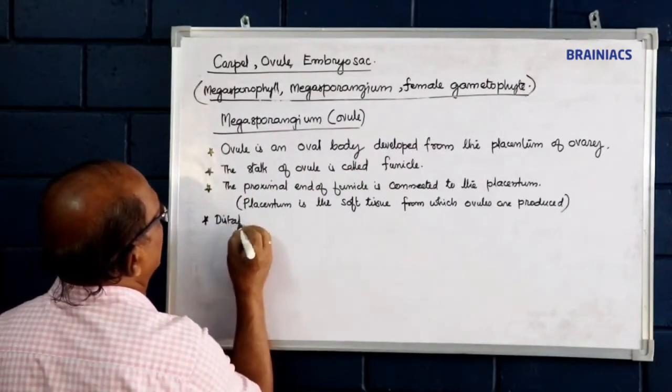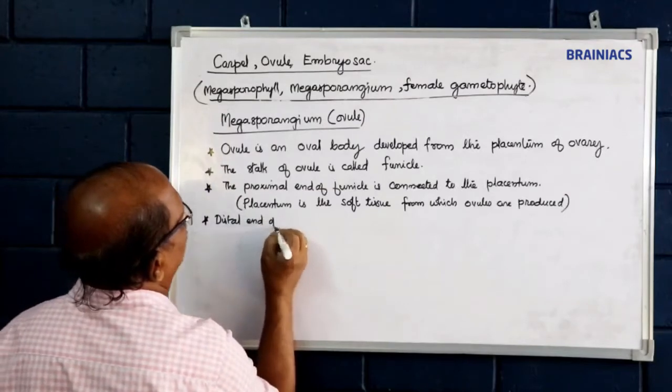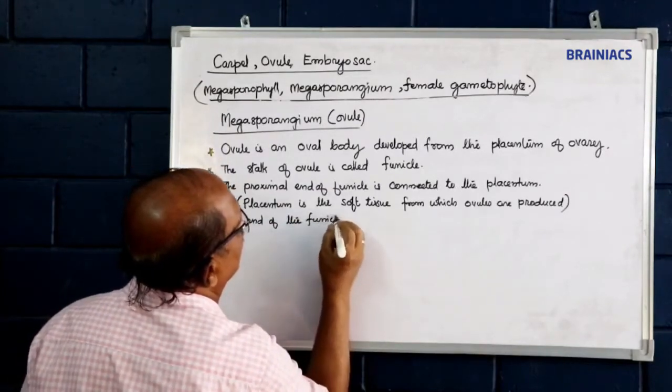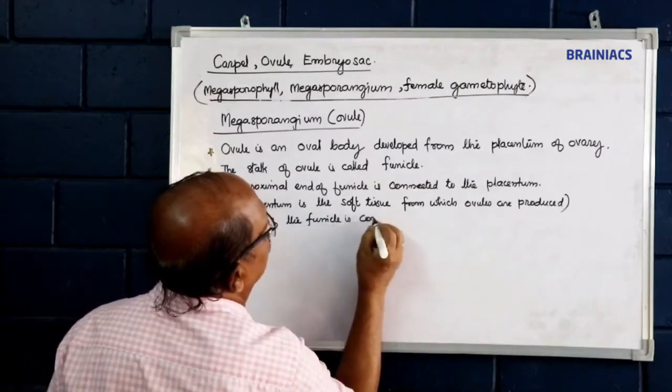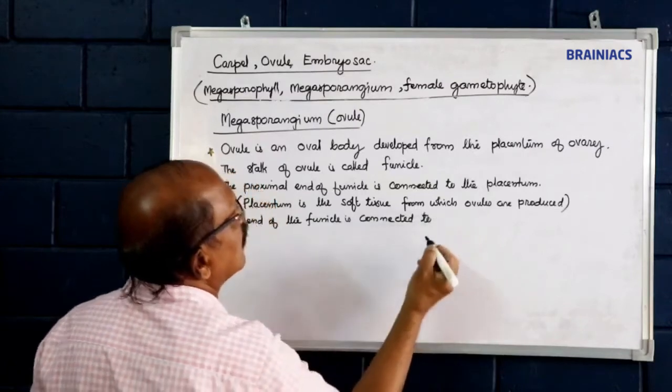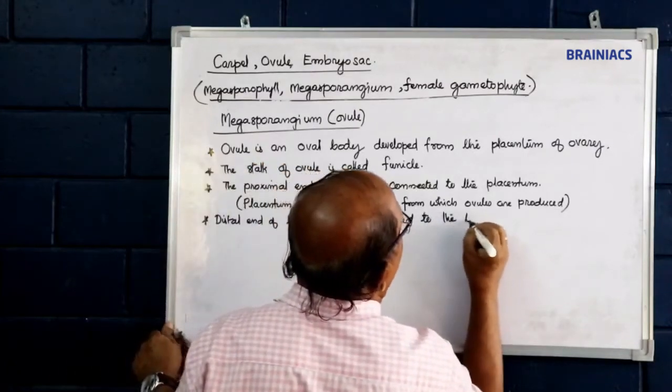Distal end of the funicle is connected to the body of ovule.